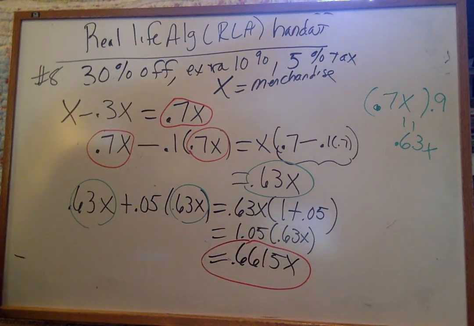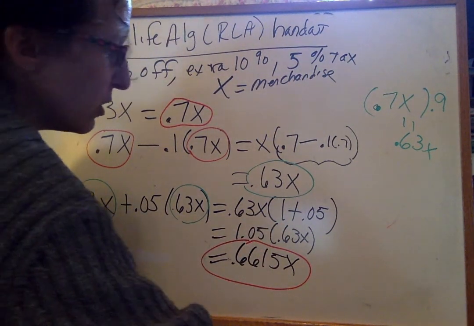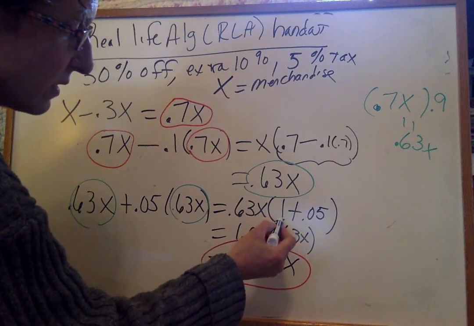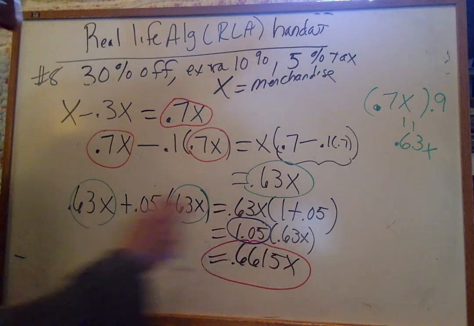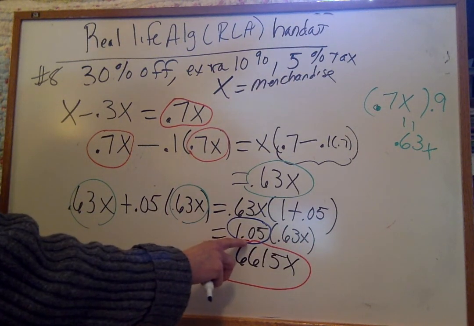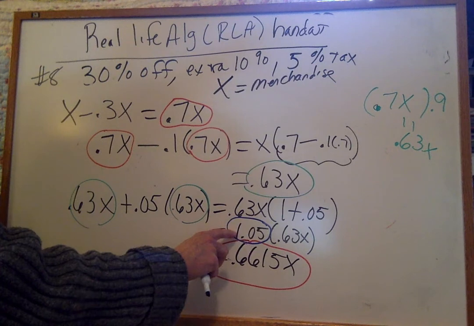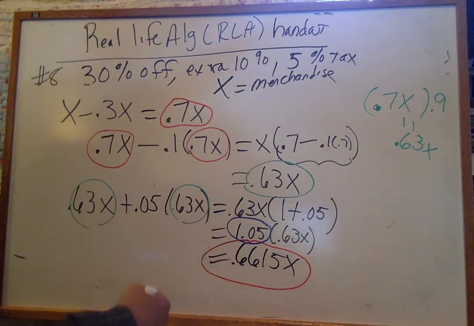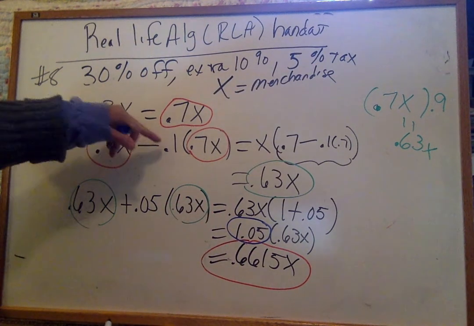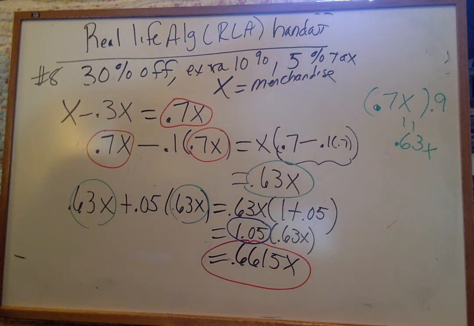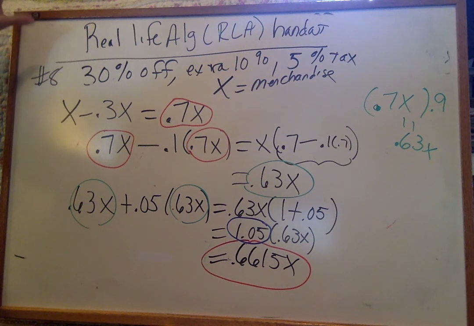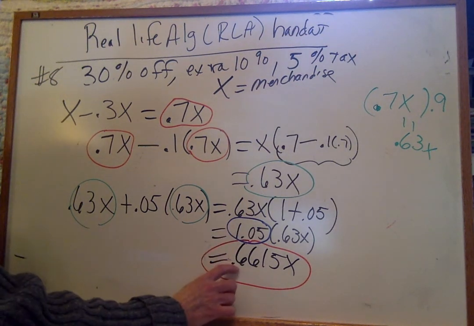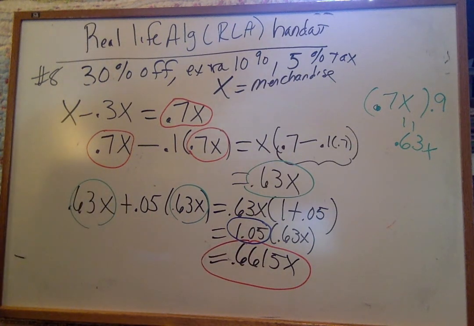And that's what I wanted to try to show you right here. There's that 105% of whatever you bought. But of course it has to be in decimal form. That's why this number is bigger than 1, because tax actually adds to what we have to pay, as opposed to discounts, which reduce what we have to pay. So basically, pick out how much you're buying, original price or whatever, times it by 0.6615, and that should be exactly what the register is asking you to pay.